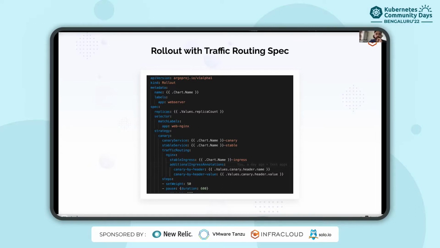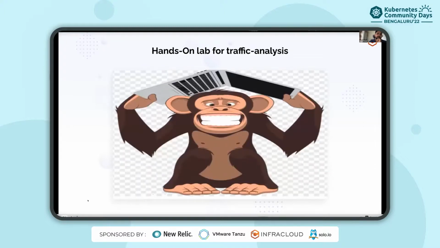Rest all part remains the same. The only section that you would add in your rollout is this one. So clear till this? Okay. Let's do a demo of it, and I think that way you would get some fair understanding around it as well.